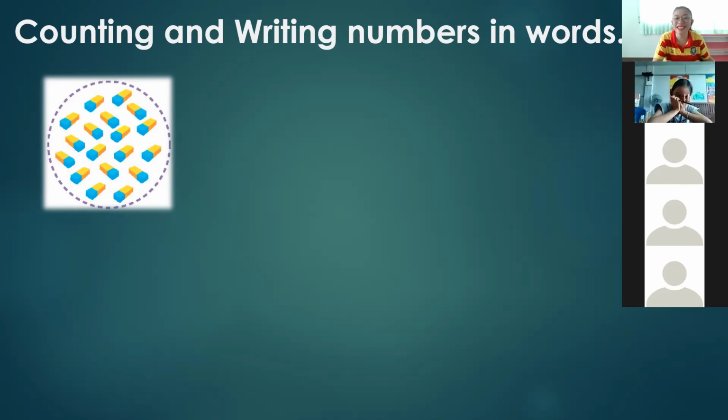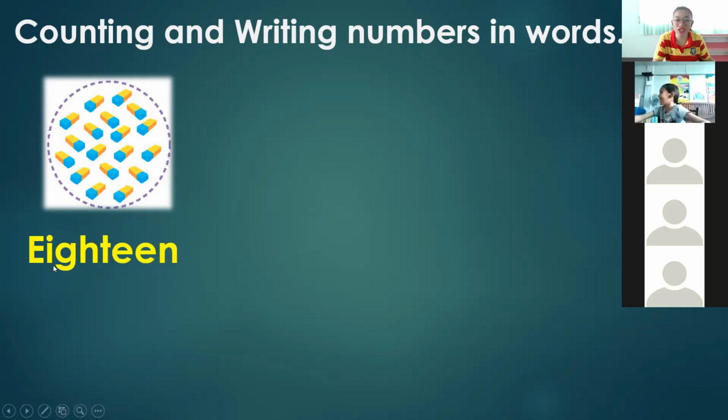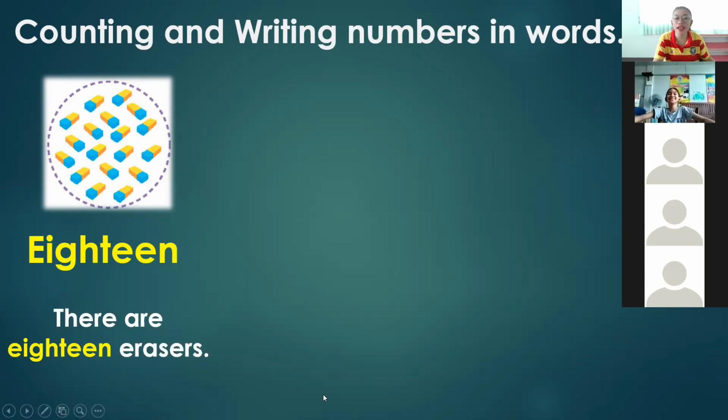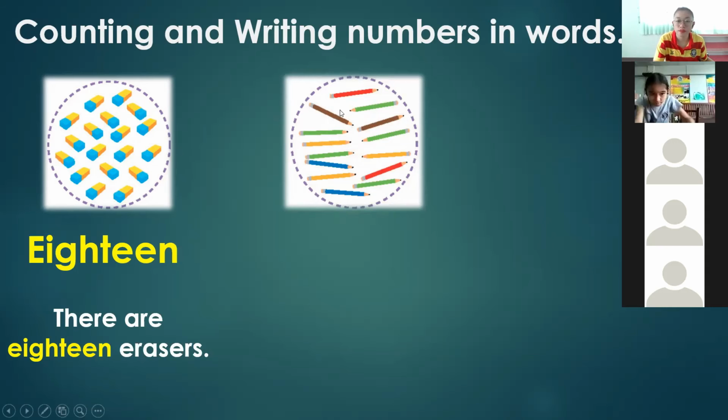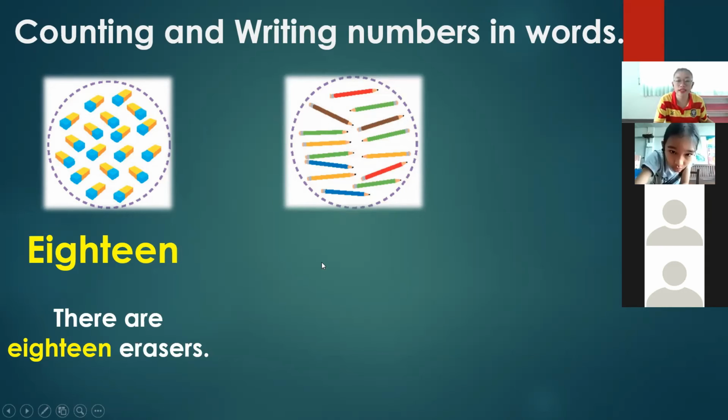EIGHTEEN. Okay, very good. EIGHTEEN. 18. Very good. So let's make a sentence. There are 18 erasers. Okay. Next, how many pencils are there? 14. 14.